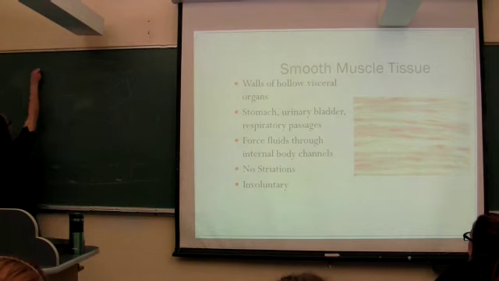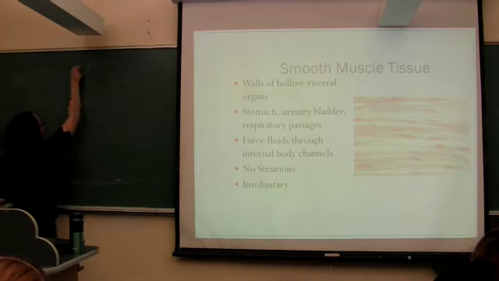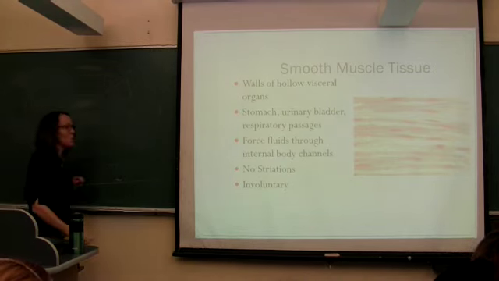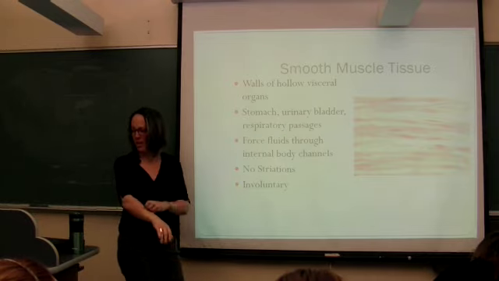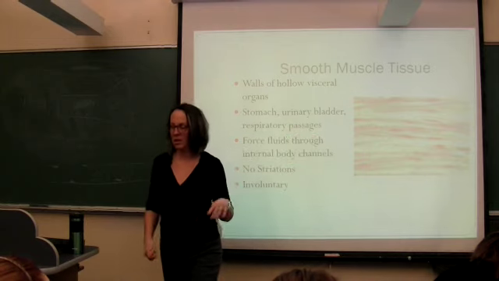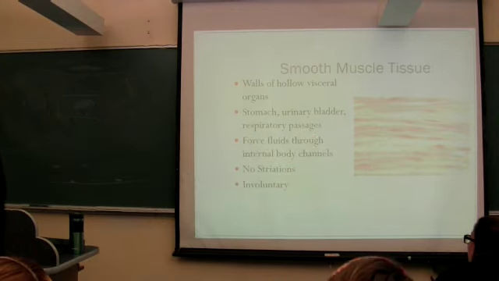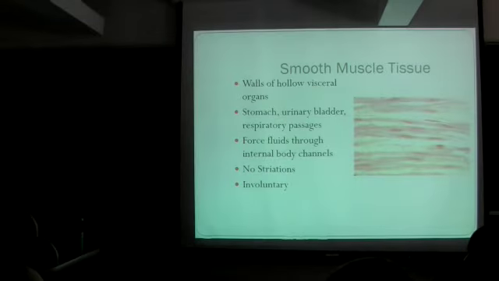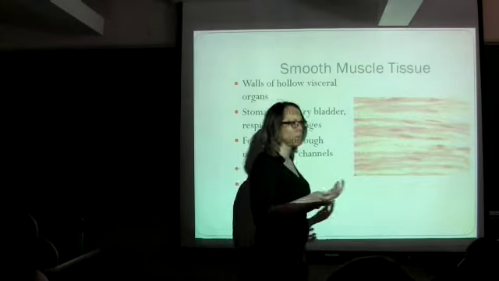They're long and spindle shaped with one nucleus in the center. You can see this in this picture here. And they're all kind of smushed together. Do you remember looking at them in lab?